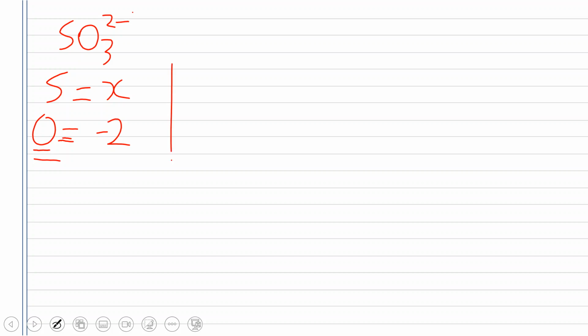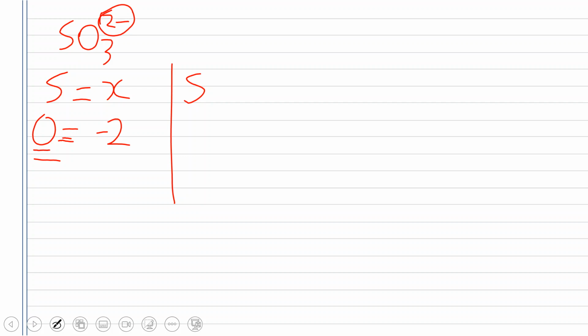So let's find sulfur's oxidation number. To find sulfur's oxidation number, you're going to apply all the guidelines. One of the guidelines said that you're going to equate the sum of the oxidation numbers to the charge of the compound. So the charge here is 2 minus, or -2, right?